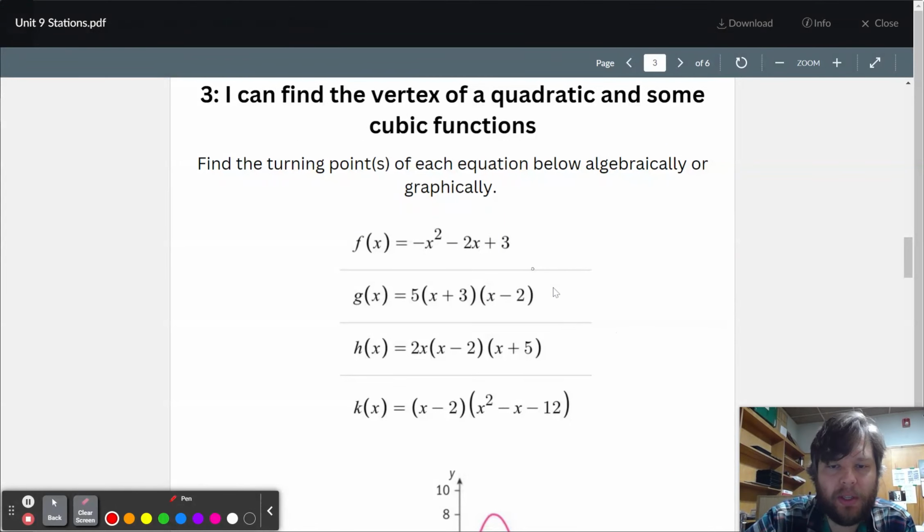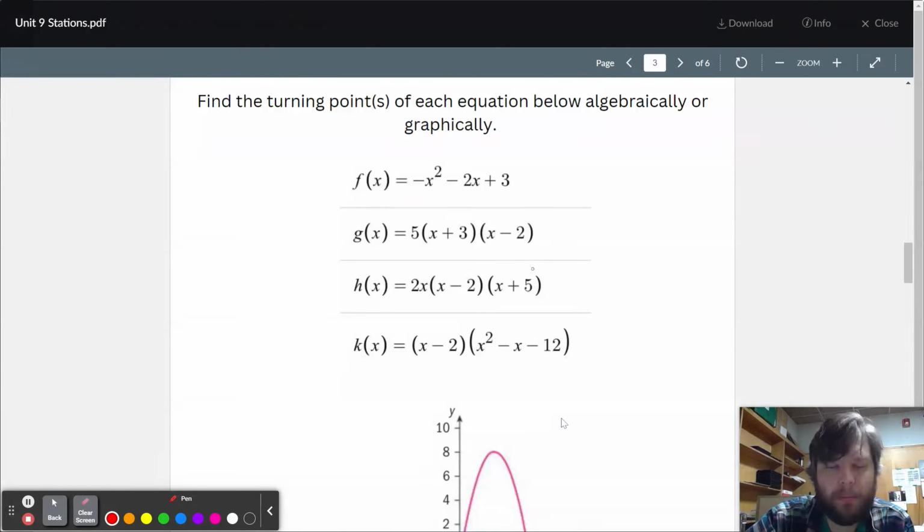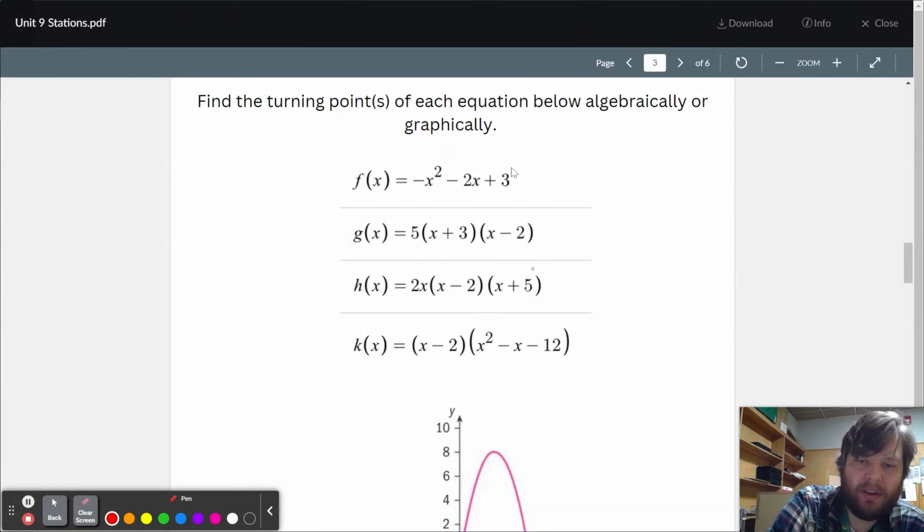Okay, now these are the same graphs as before. So I just figured out that this one is, what was it? x plus 3 and x minus 1.